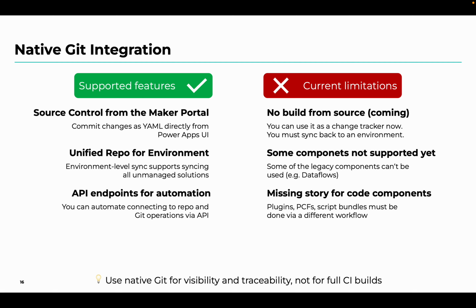Canvas apps and dataflows are somewhere in the middle between the legacy components and the new components, so they're not working as the rest of the components, and most of the important legacy components are there now. If you're advanced, you might know things like entity maps for mapping attributes between entities when converting leads to opportunity, for example. So this is also not part of the Git integration as of now. So if you need these, stay away for now.